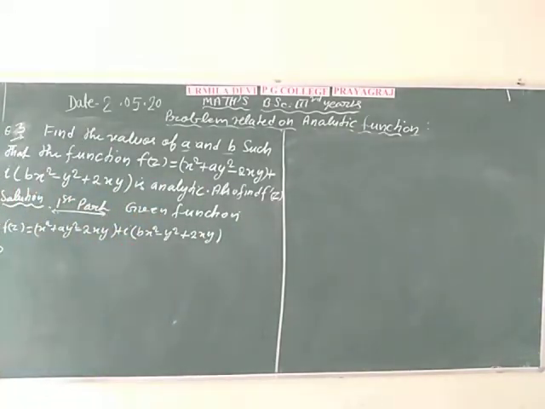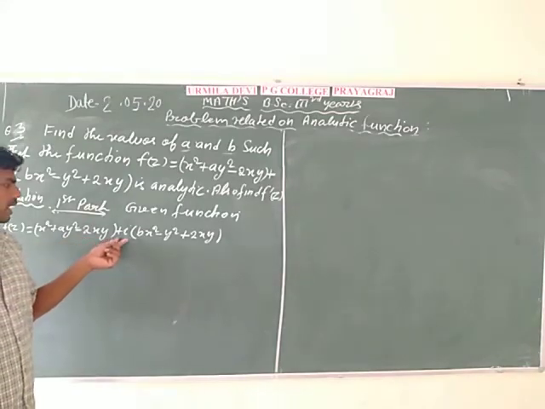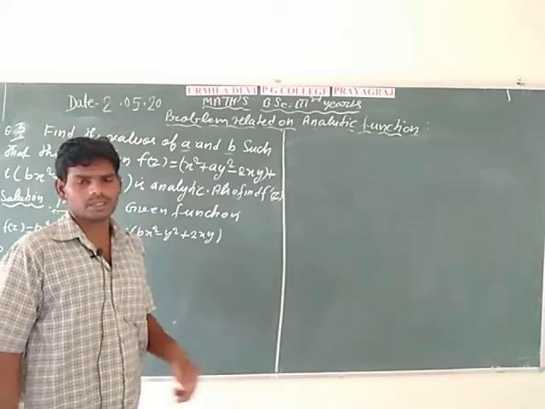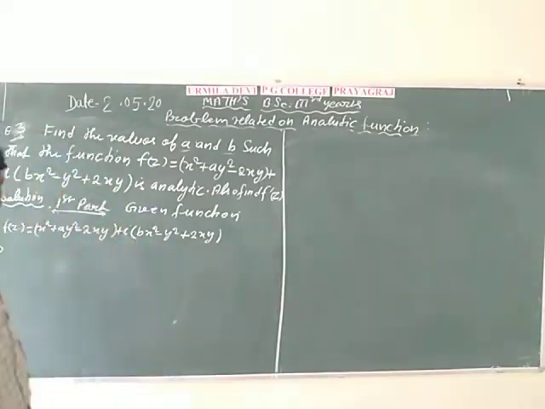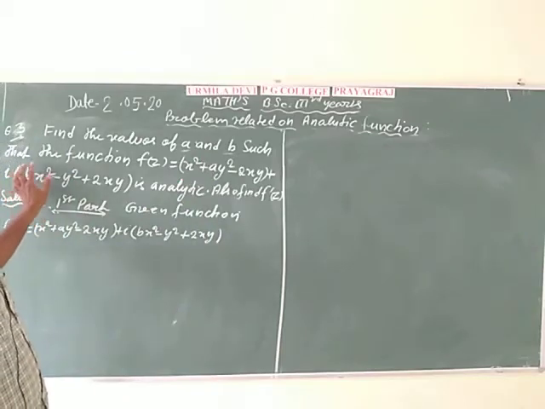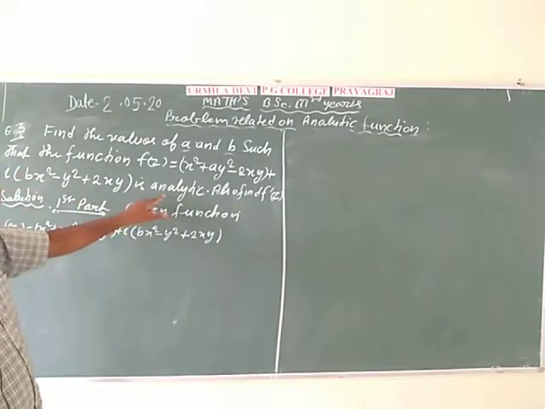So consider the first part. Given the function f(z) = x² + a y² − 2xy + i(b x² − y² + 2xy). Our aim in this question is to find the values of a and b, given that f(z) is an analytic function.